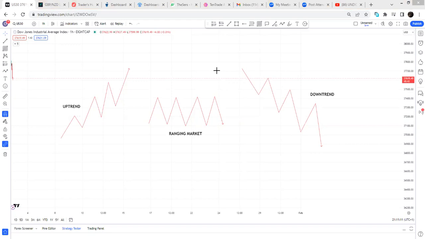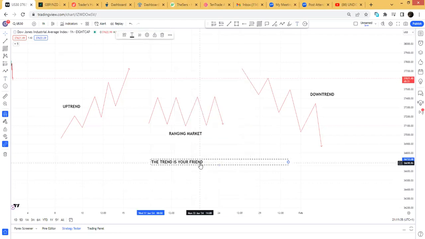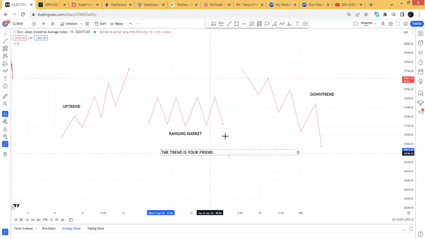All right. So I said you have the uptrend, you have the ranging market, and you have the downtrend. So basically, there are some common things that you guys might have heard. One of the things that you might have heard is: the trend is your friend. And basically what this means is you want to be in the line of the market direction.